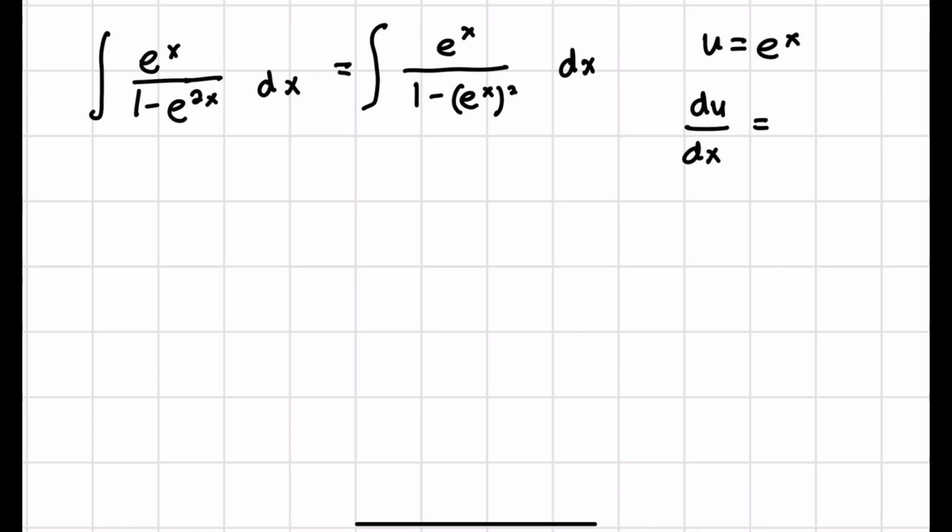So now let's rearrange everything. So we have du over e to the x, which is equal to dx. And then now let's substitute everything.